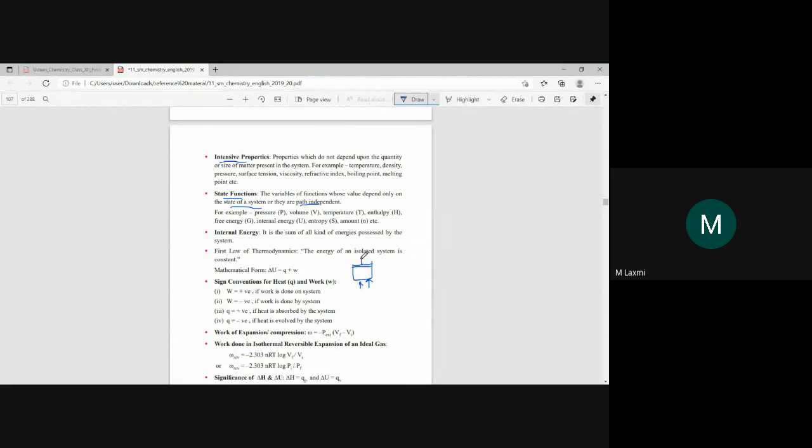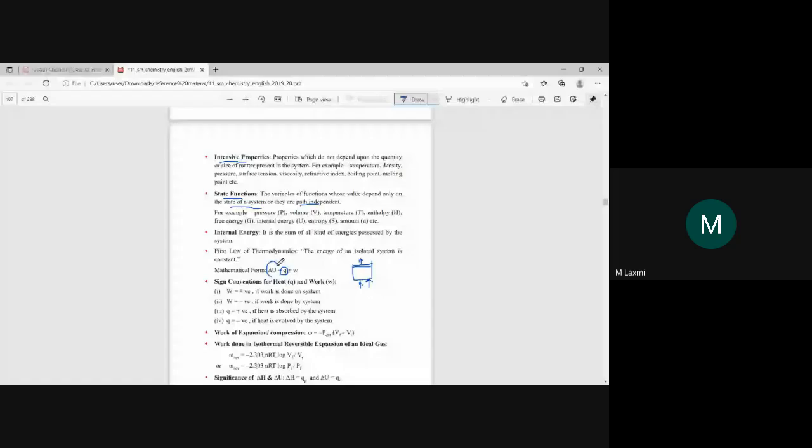So there are two things happening. The heat energy applied to the system changes the internal energy, and the piston has moved up, so work is also done.